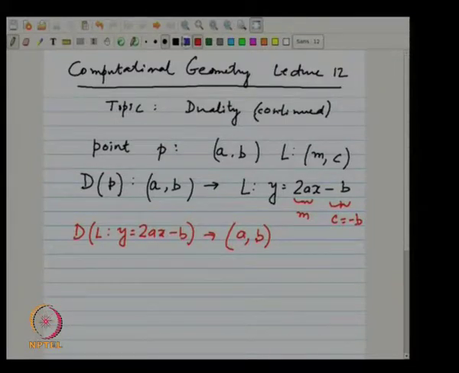So, let us try to verify the incidence property.